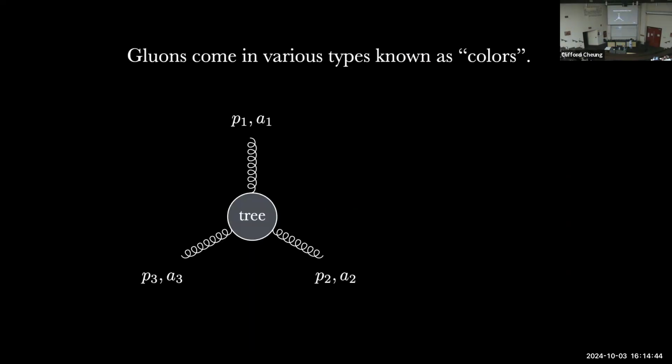To do that, I have to backtrack slightly because I was simplifying when I talked about gluons. I told you they were like photons, and that's true, but they have another really crucial property, which is that there are multiple of them. You've maybe heard this term colors of the gluon. All that is, color of a gluon is literally just a species label.